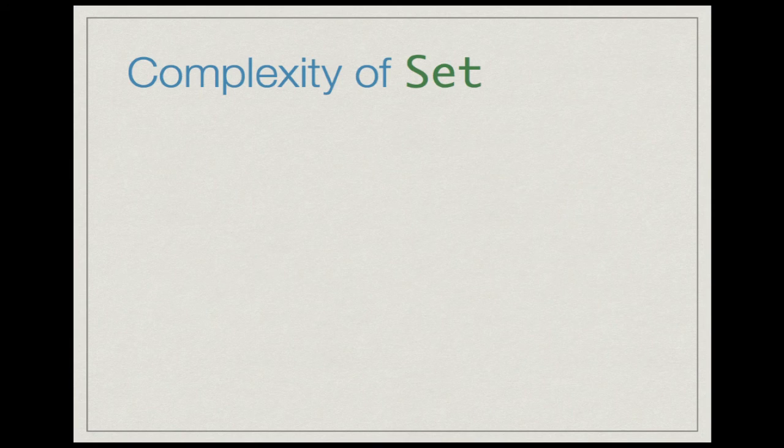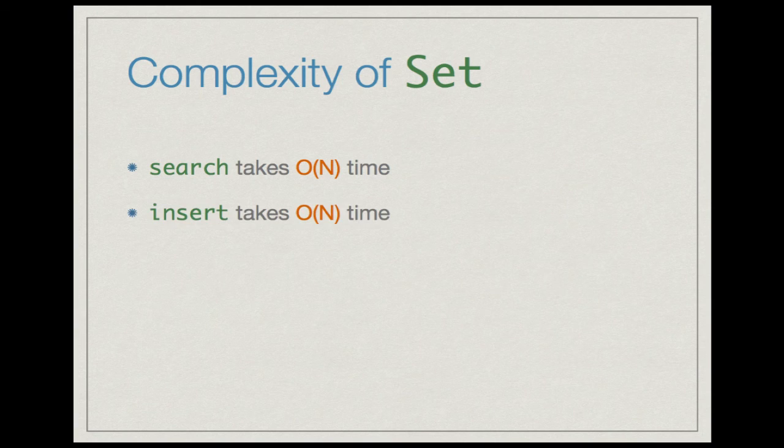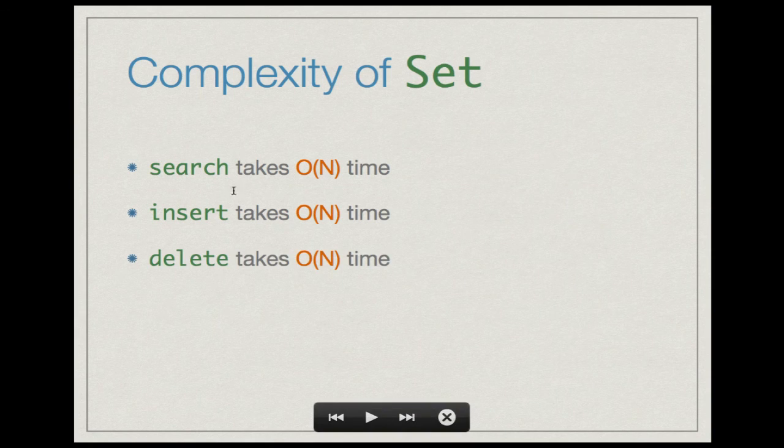Let us look at the running time of these operations for the above implementation. Search takes order n time, insert takes order n time, and delete takes order n time. Search takes order n time because the built-in function elem takes order n time, where n is the length of the list.